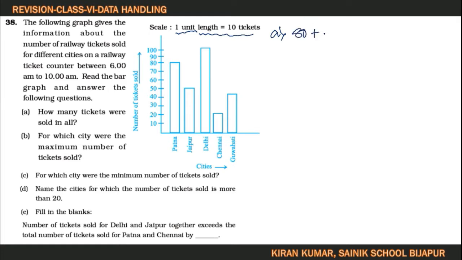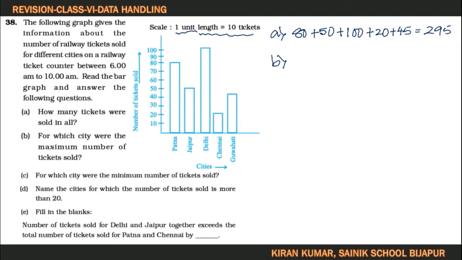With respect to Jaipur, we have got 50 tickets sold. With respect to Delhi, we have got 100 tickets sold. With respect to Chennai, we have got 20 tickets sold. With respect to Guwahati, we have got 45 tickets sold. In total, we have 295 tickets which are sold.